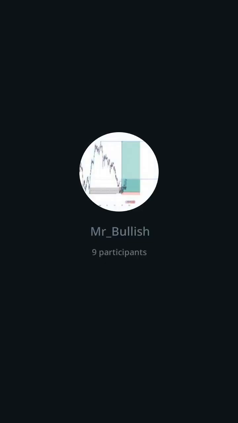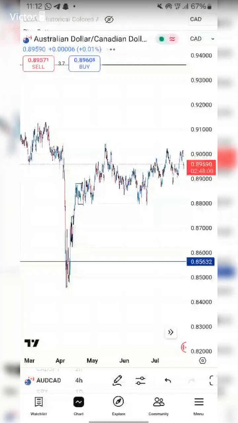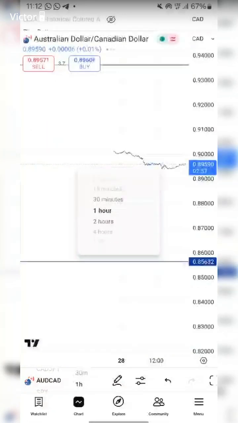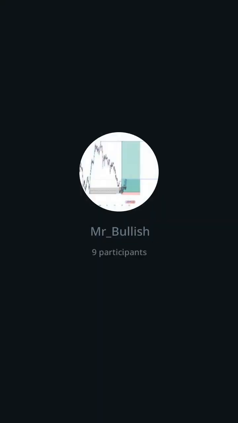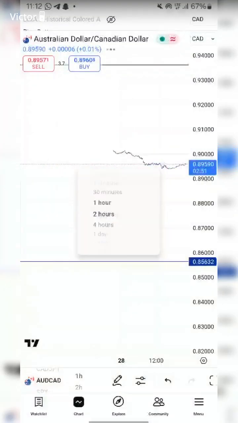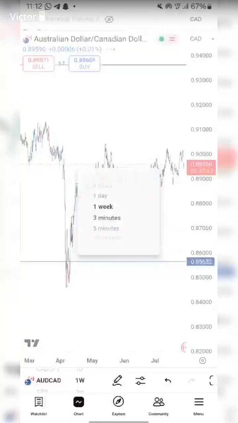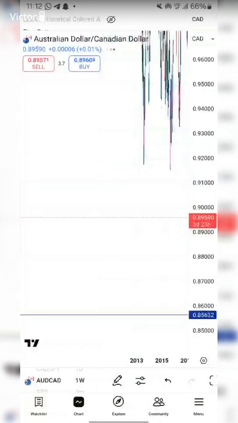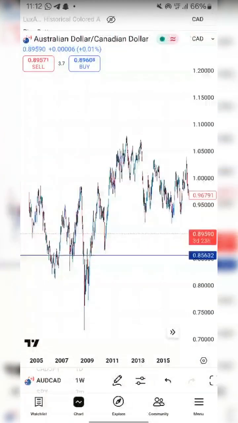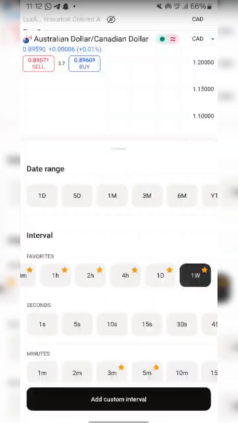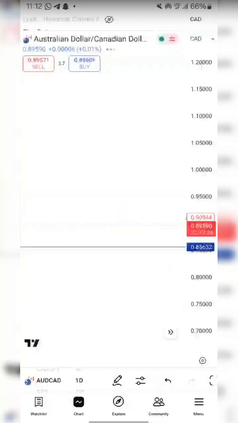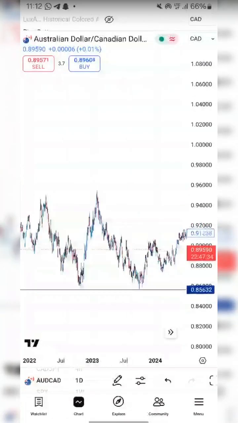Meanwhile, I want to look for a place in the market where the market actually trended upward, then created a market structure shift that will be proper so that you guys can see it properly. Let me look for it. Let me use the daily time frame. Let me see if I can see.